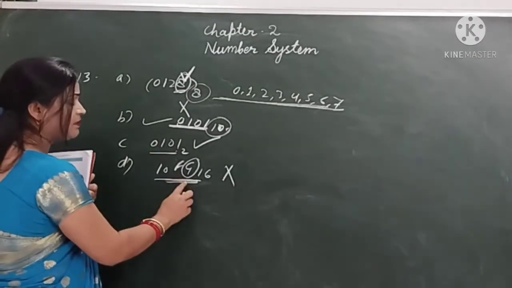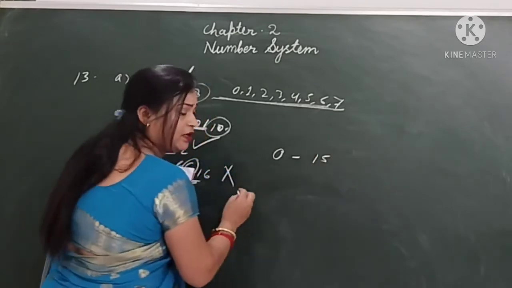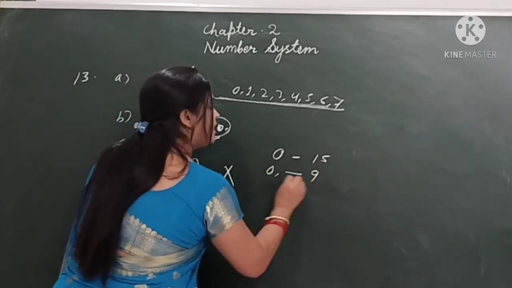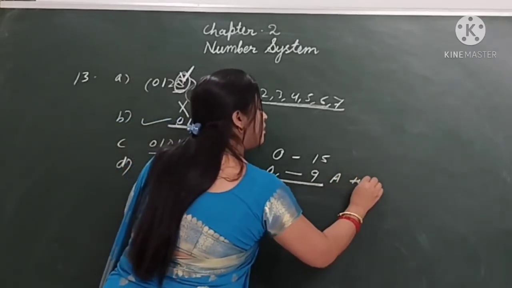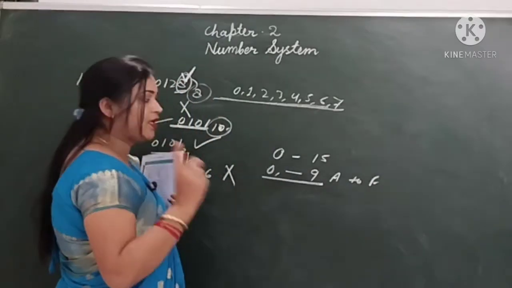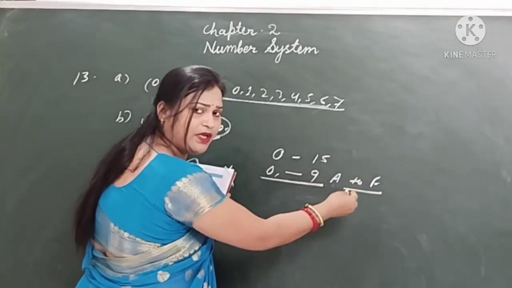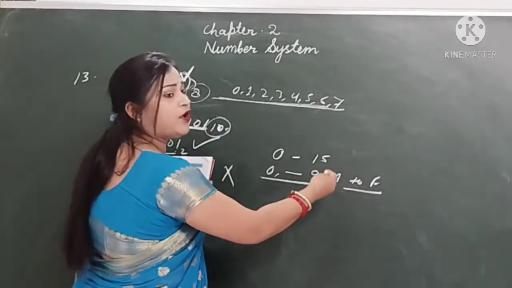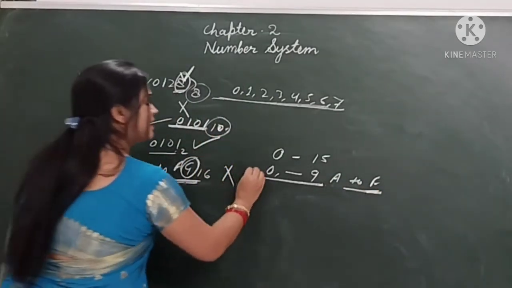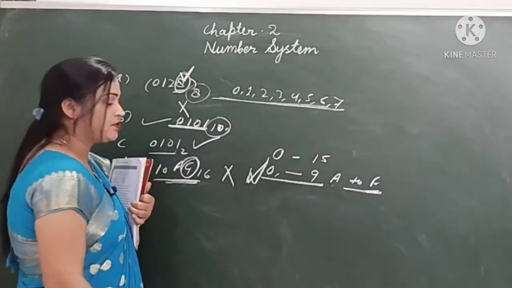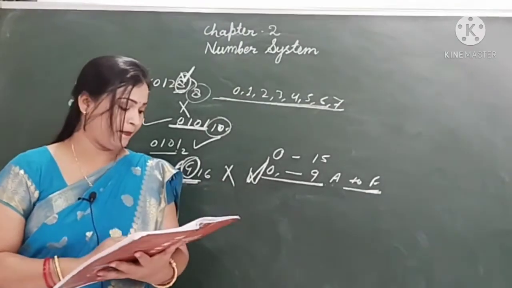The hexadecimal number system uses only 16 digits, 0 to 15, where 0 to 9 are the decimal digits, then we use A to F. Total 16 digits: 0 to 9, then A to F. For 10 A, 11 B, 12 C, 13 D, 14 E and 15 F. So this G does not exist in hexadecimal digits, right? So this is wrong.